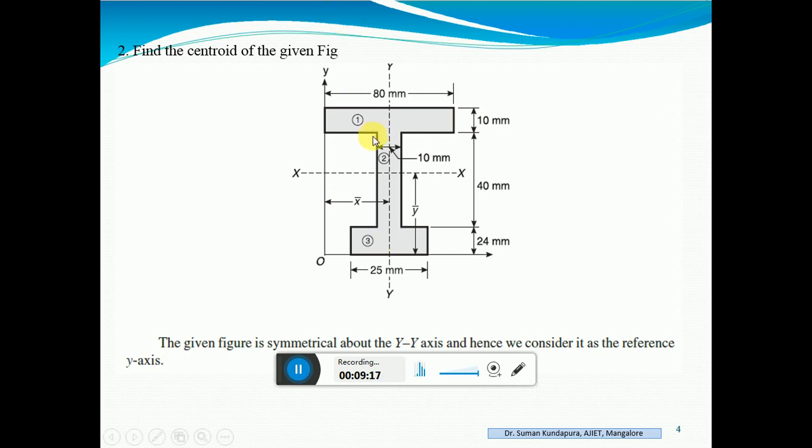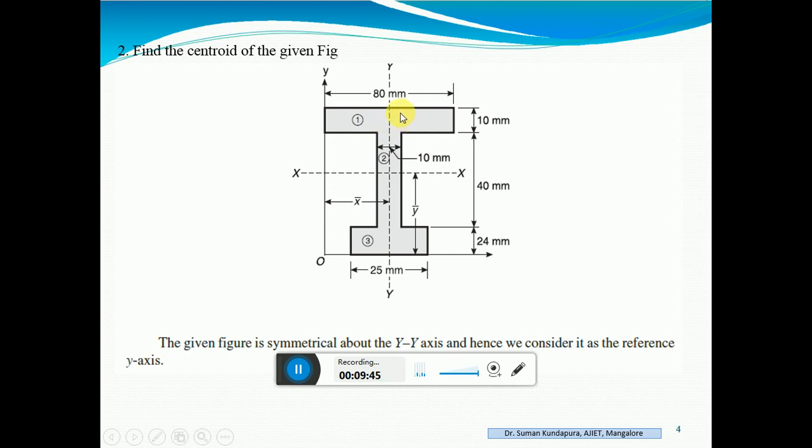If you look at this figure, like in the previous case, the y axis, the centroidal axis, is at a distance of x bar from the reference y axis. It is symmetrical about the y axis. If I fold this figure about this y axis, it is symmetrical. Left portion is similar to that of the right portion.